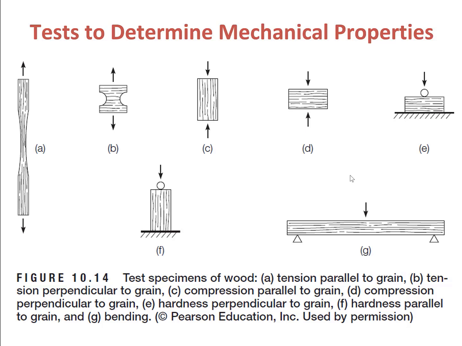It includes a flexural test on wood when the sample doesn't have defects, and also flexural test on wood when the sample has defects. Also, it includes compression test on wood parallel to the grain and perpendicular to the grain. It also includes a video on the Janka hardness test performed on wood specimens.